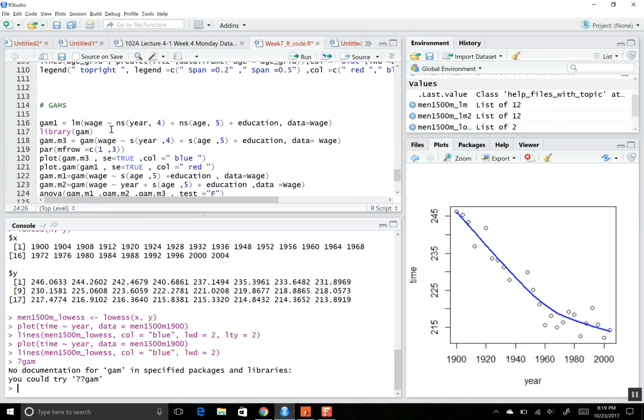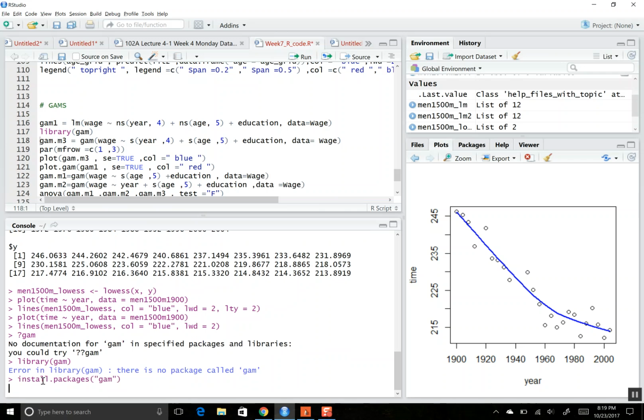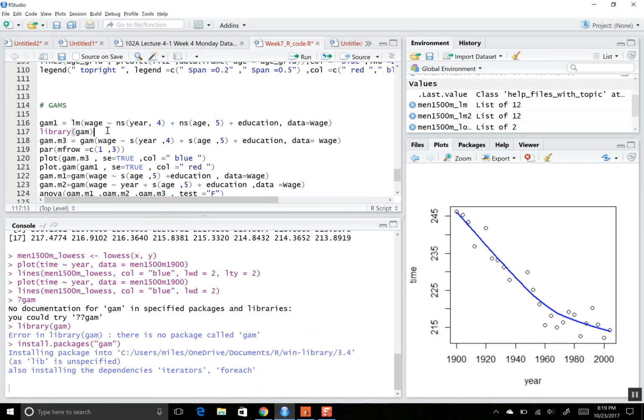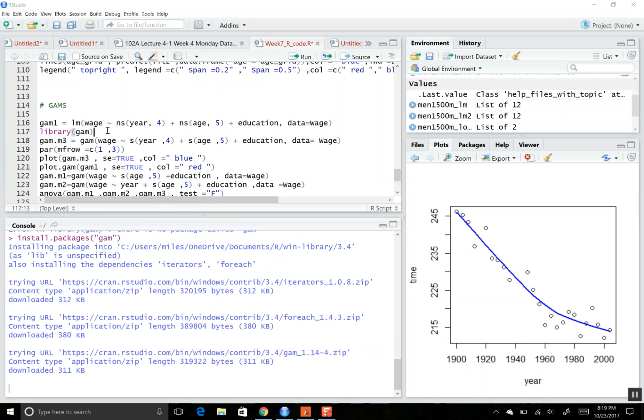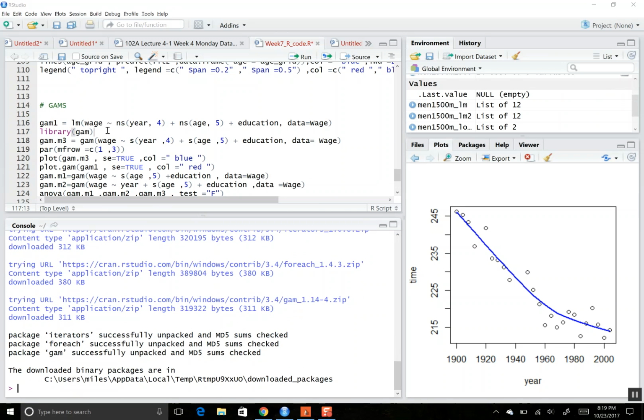Yeah, we have to load up library GAM here. Let me try this again.